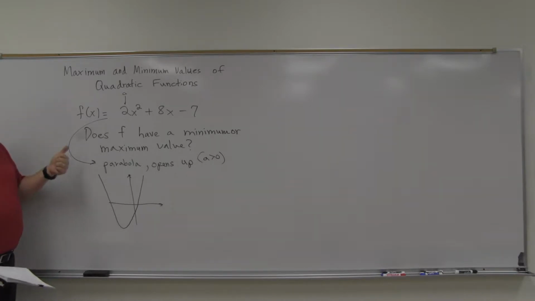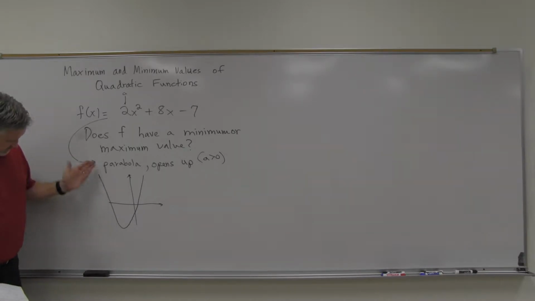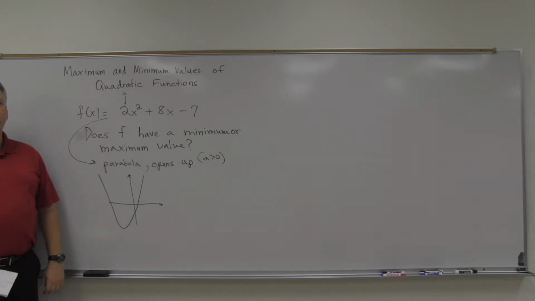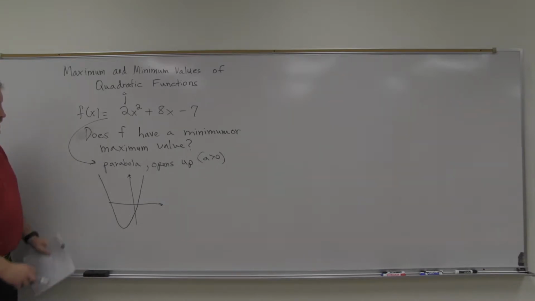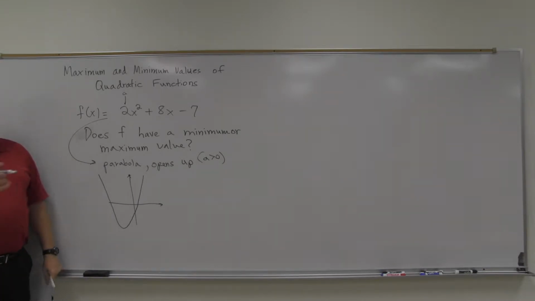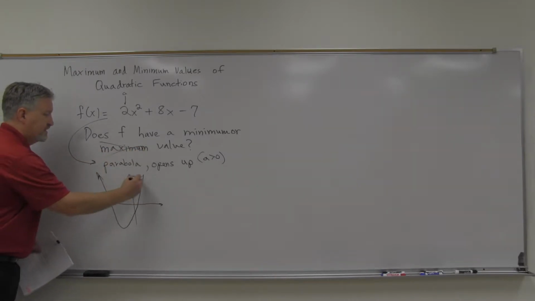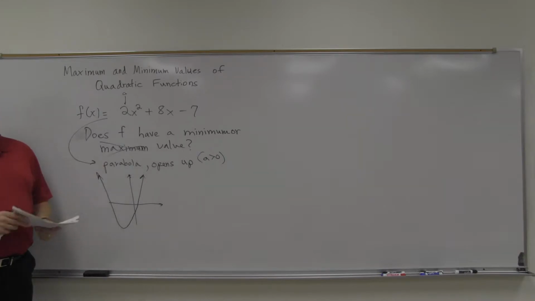So the question is, does f have a minimum or maximum value? Well, looking at the graph, you're going from this side, you're going down, then it turns around and comes back up. So what would you say? Minimum. It's going to have a minimum value. Why? We've got a low point, don't we? It's definitely not going to have a maximum value because these ends here, they're going up.